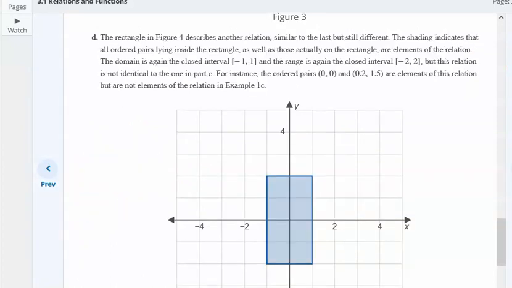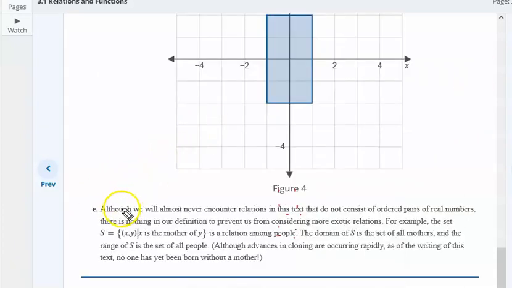Now, as we look at item D, it's very similar to the one above, but now it's shaded. So what they're saying here, it's not really the same. The domain and range would be the same, but this includes so many other ordered pairs in here as well. So just make note of that.